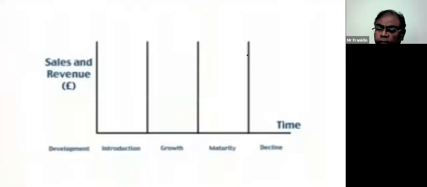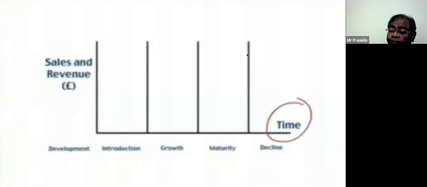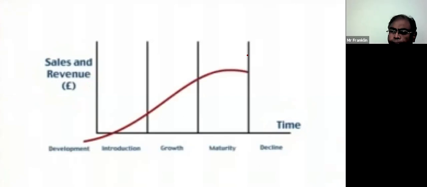Here's a diagram of a product life cycle. As we can see, sales and revenue run up the side, and time runs along the bottom. There are 4 sections because all products are introduced, then grow, then mature, and finally decline.